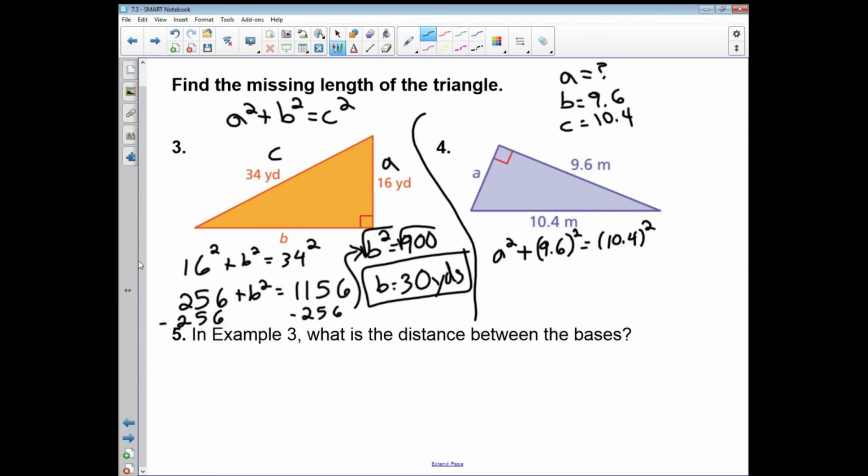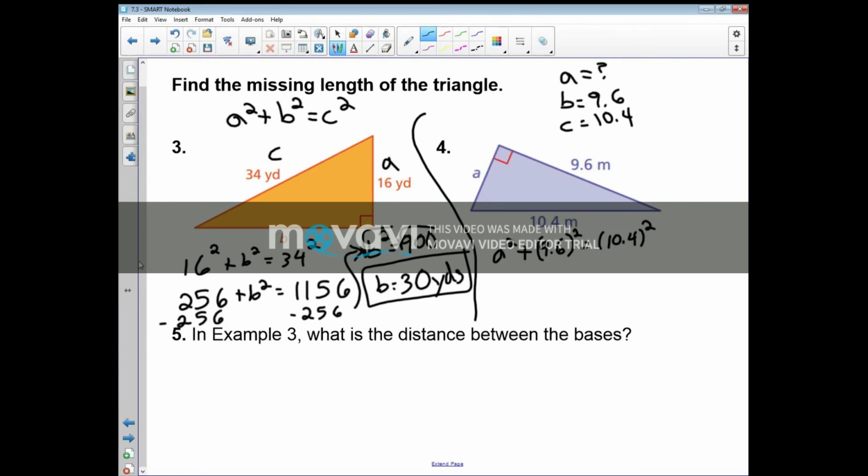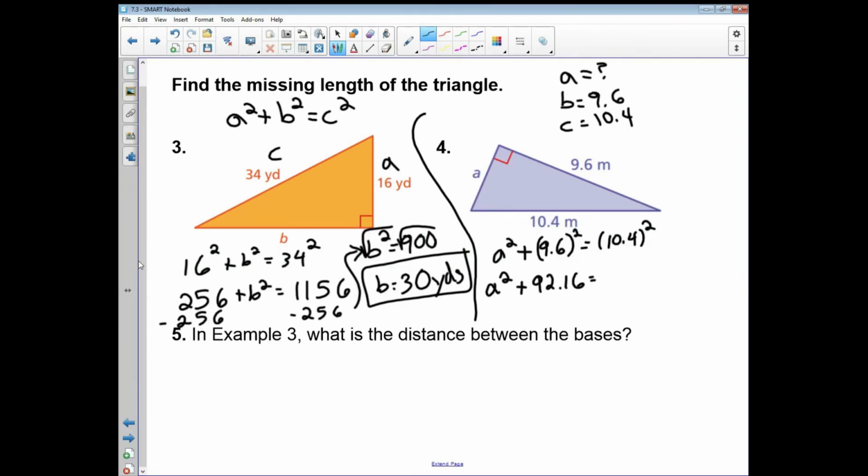Okay, so type in your calculators. You guys are allowed to use calculators on the Pythagorean theorem stuff. So you're going to take 9.6 and square that. So you get A squared plus, let's figure out what that is. And it's going to be 92.16. And then if you take 10.4 squared, you should get 108.16.